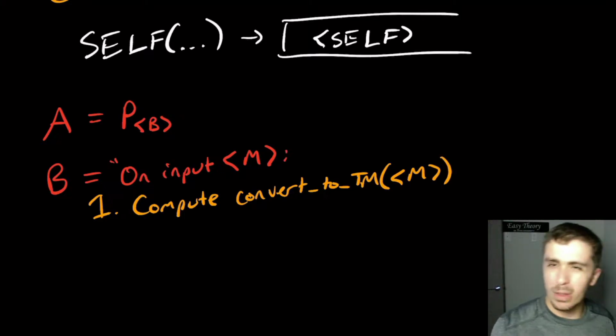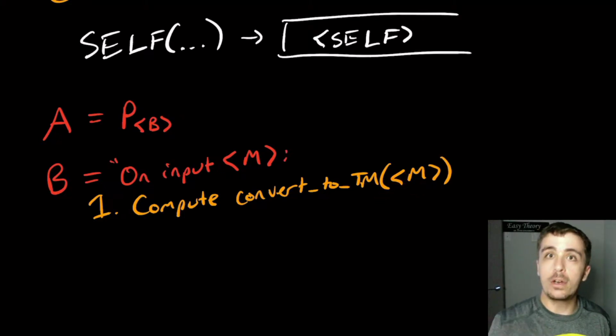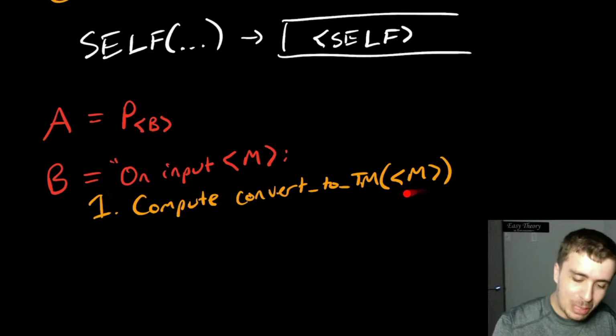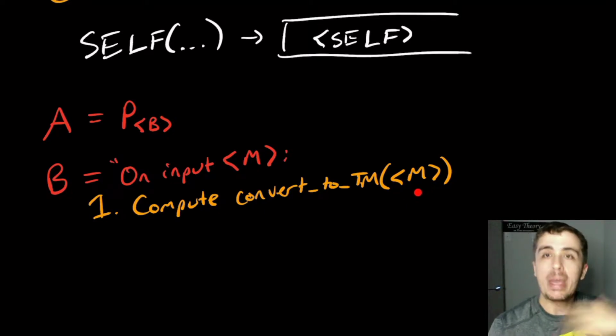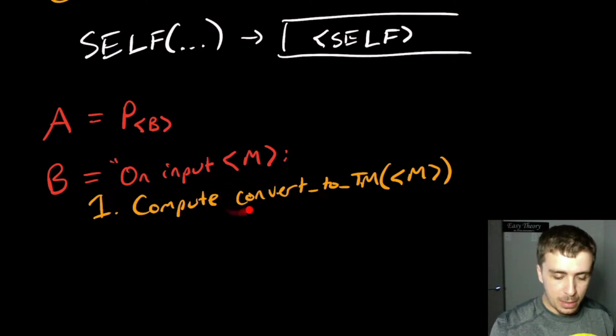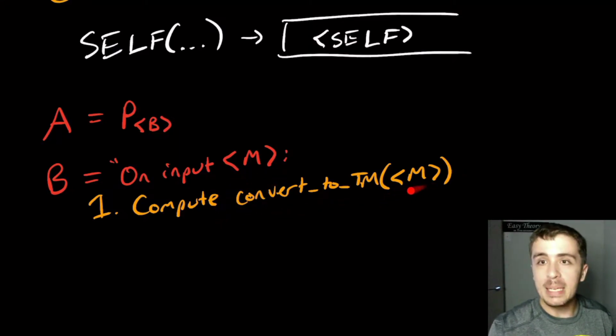And you may think, well, that's not allowed because the convert machine works with arbitrary strings. It doesn't work with Turing machines. Well, the description of a Turing machine is an arbitrary string. And so we can convert this to a Turing machine that just prints this description. Now, the resulting machine is going to be different than this thing.